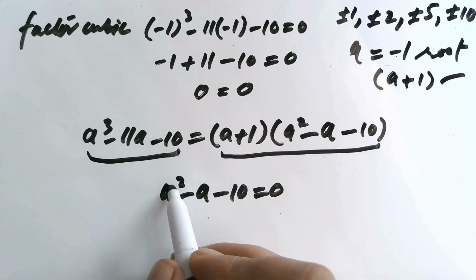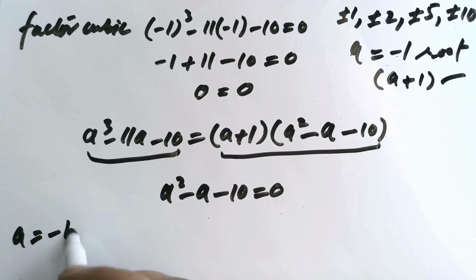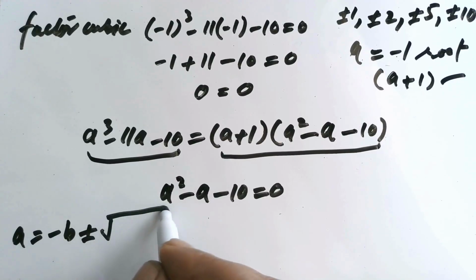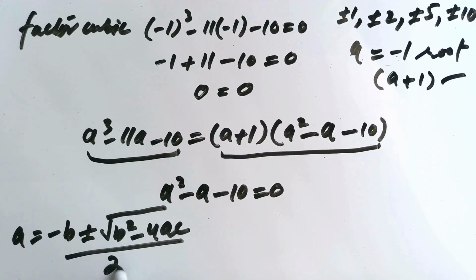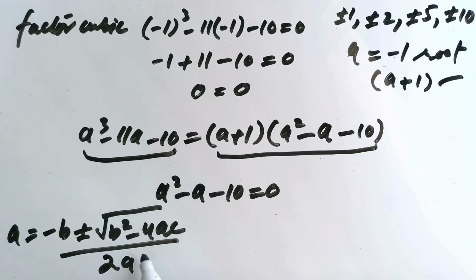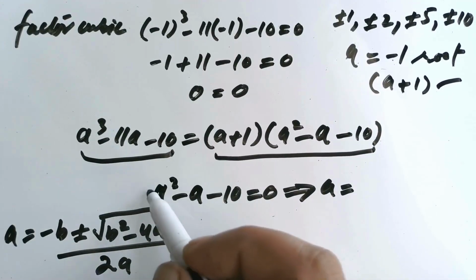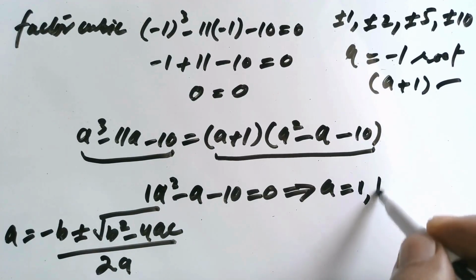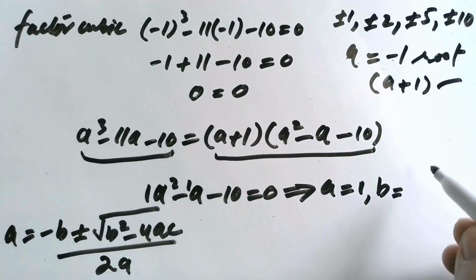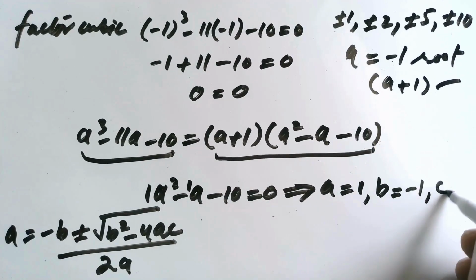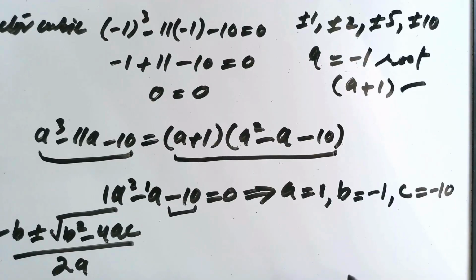For quadratic, we need the formula. Here b equals minus 1. Right? So it's a coefficient. C is minus 10. Constant.